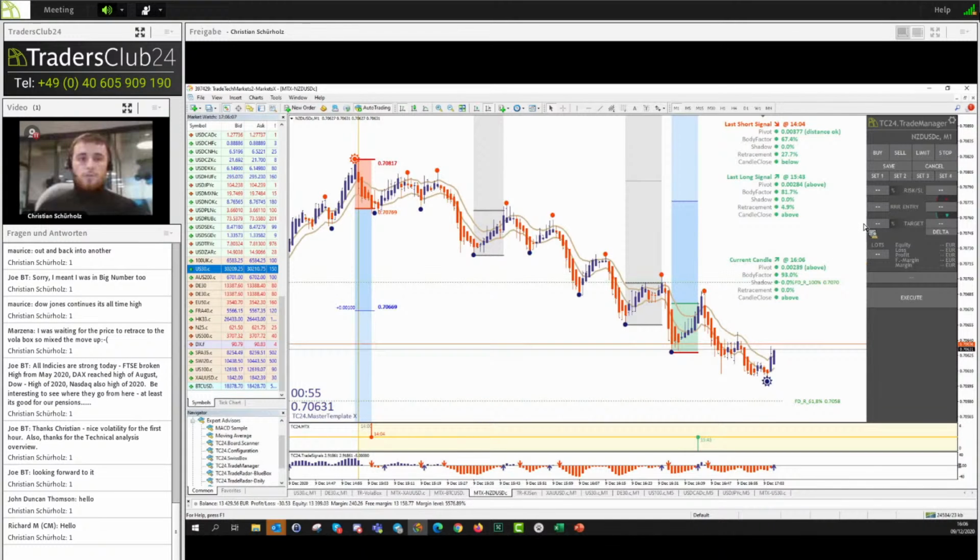So here we've got a signal candle again on New Zealand dollar. You can see that it's building up to be a signal candle.